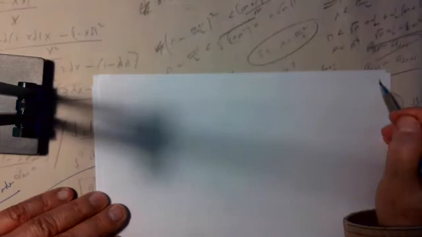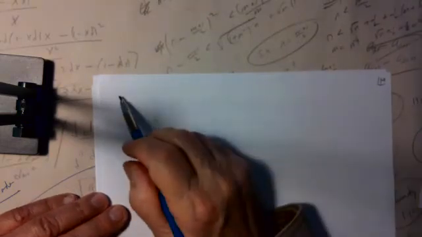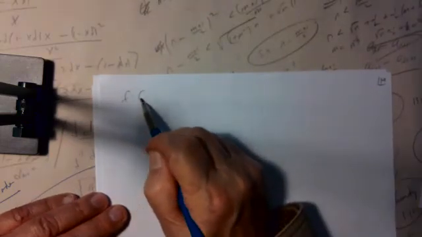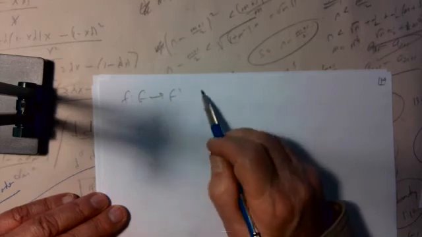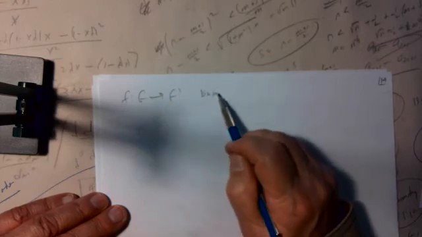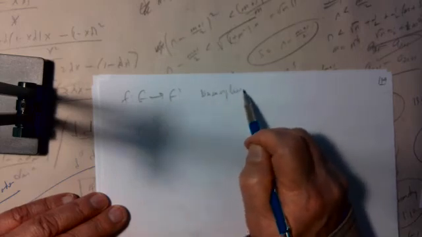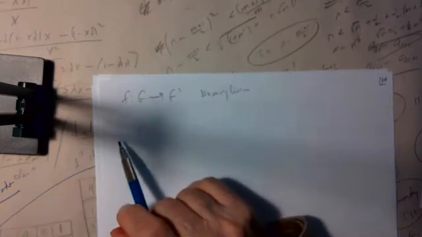And to prove the reverse part, let's see what we do. So suppose f from G to G prime is an isomorphism.